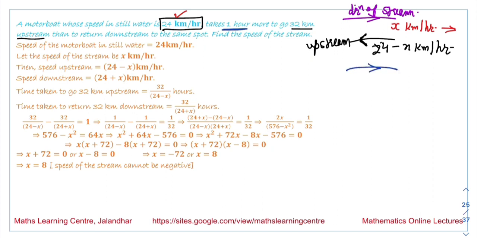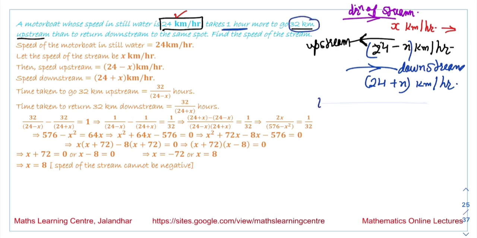When it is moving downstream, its speed is 24 plus x kilometer per hour. Now the total distance it is traveling is 32 kilometers.